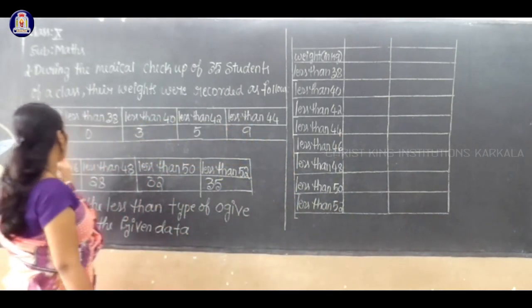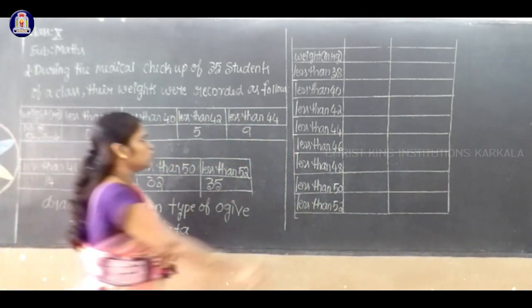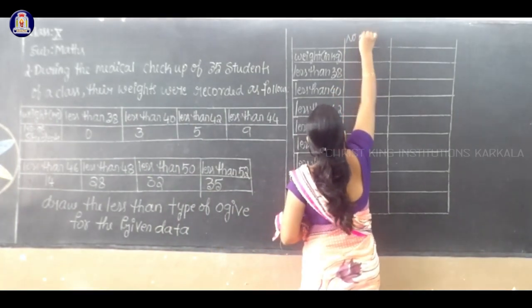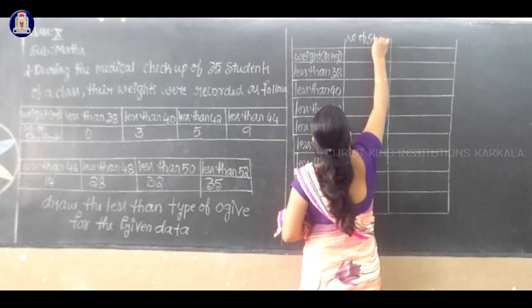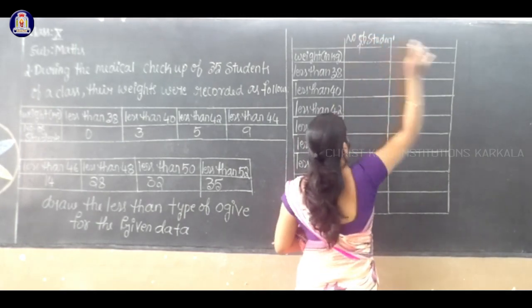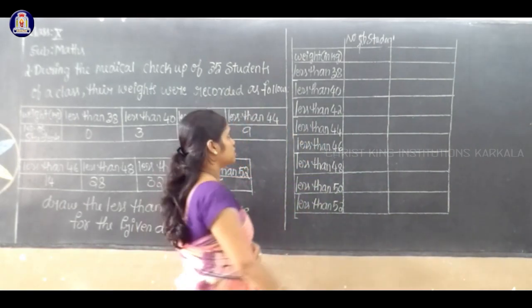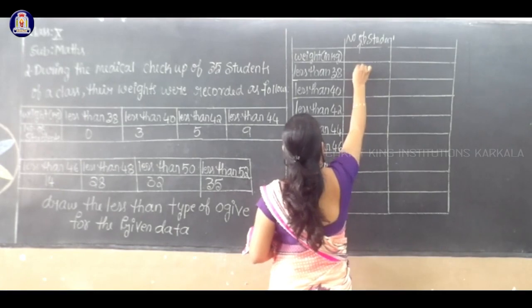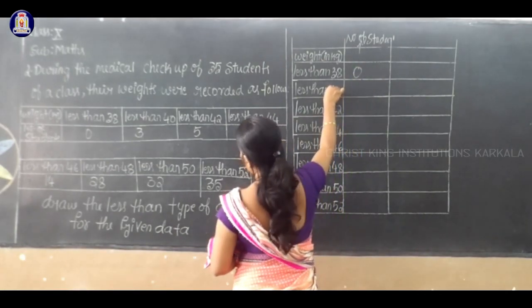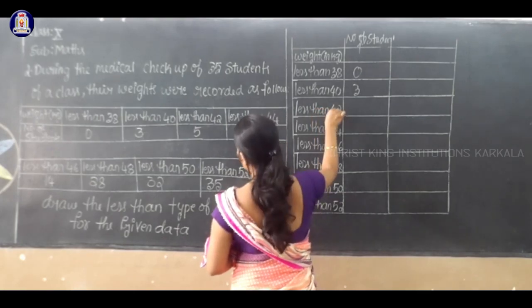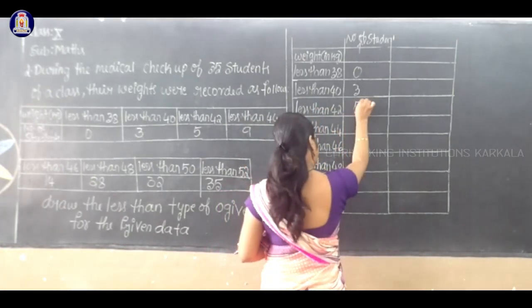Next, the second column is about the number of students. So I'll write here number of students. Less than 38, what is the number of students? 0. Less than 40, number of students? 3. Less than 42? 5.